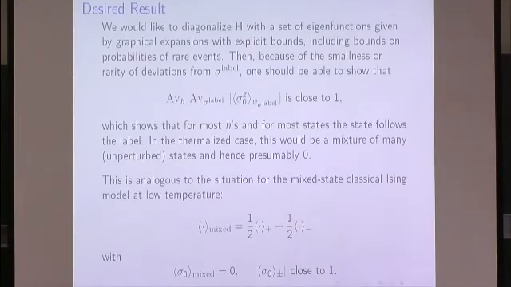This is showing why the eigenstate would resemble the label configuration. That's, again, this phenomenon of many-body localization. If it's resembling the label configuration, then it should be either +1 or -1, as the label is.